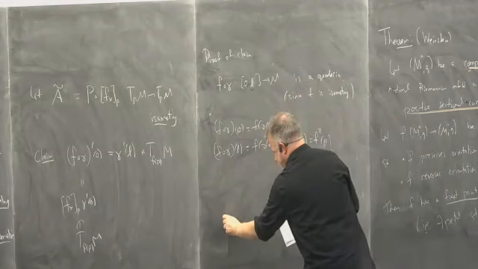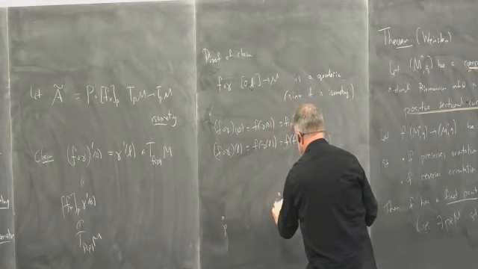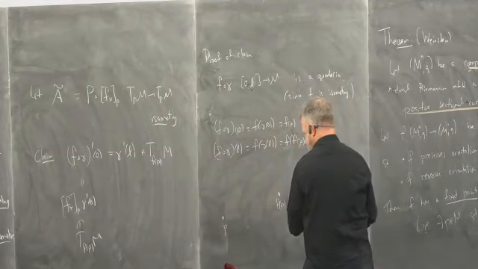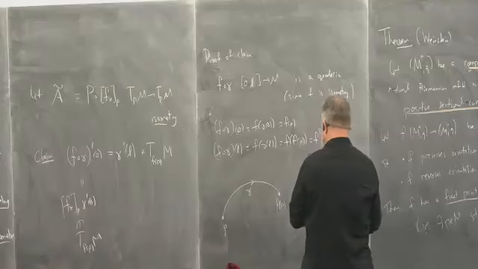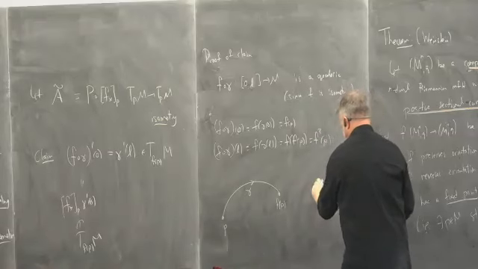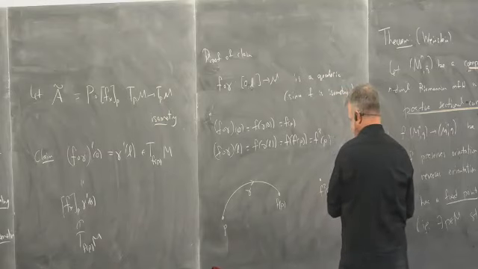So let's draw this picture again. This is P, this is F of P. I have gamma joining those two, and then F squared of P. Remember, there are no fixed points. That's our hypothesis.